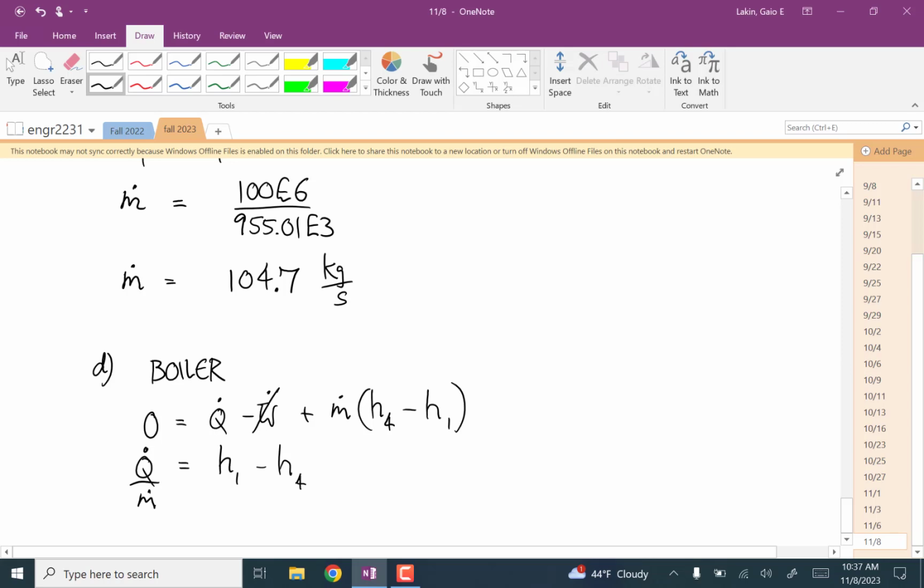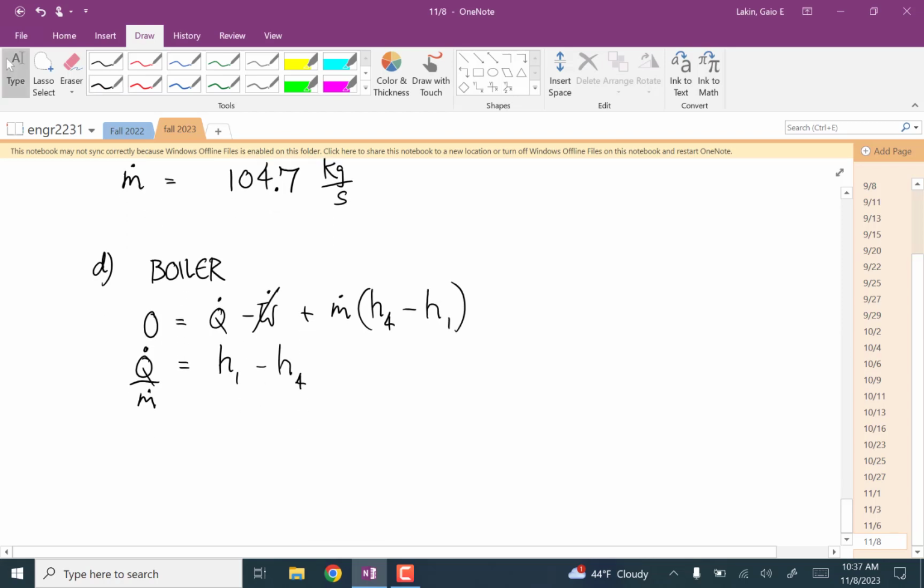The sign convention of the boiler matches the sign convention of the first law. So we have that Q dot over m dot for the boiler is H1 minus H4.